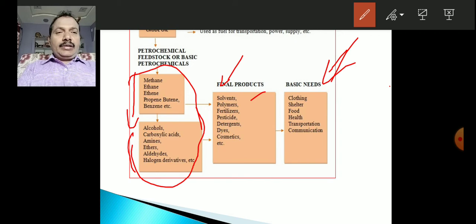Petrochemicals are used everywhere: for clothing, in the construction field, in food items, in health and medical infrastructures, and in transportation systems and communication. Everywhere these petrochemicals are used. Hence, they play an important role in our lives.